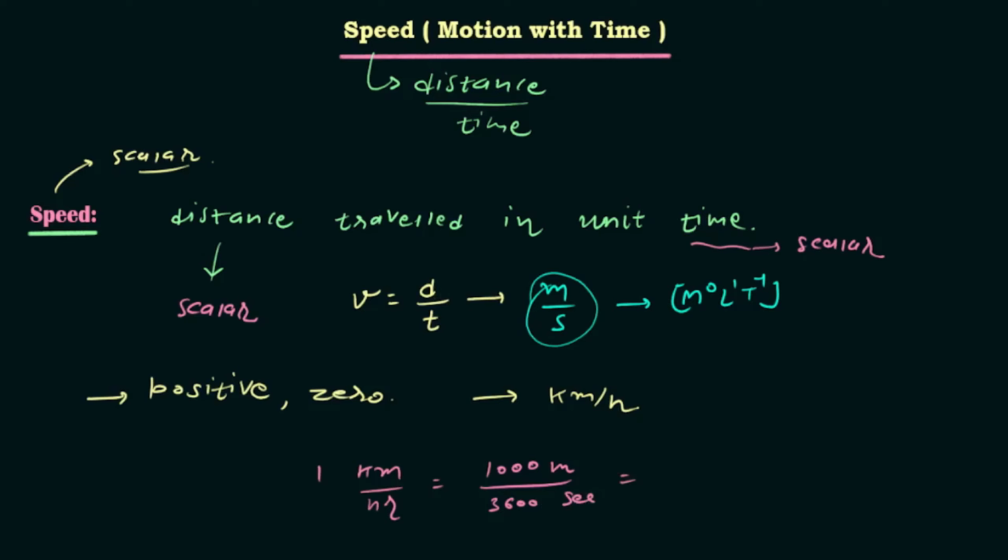So I can take it as 10 by 36 meter per second, which can be written as 5 by 18 meter per second. So 1 kilometer per hour equals 5 upon 18 meter per second.